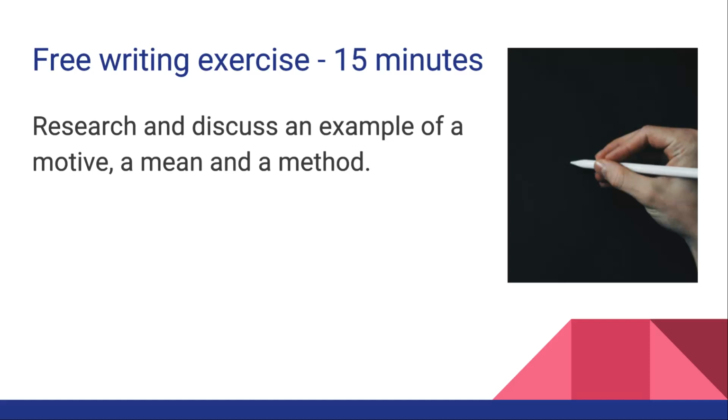If you missed out on means or method, it's totally fine. You can just think of what the motives are, or what the skills are. So we'll go back to the chat and discuss a motive, a means, and a method.